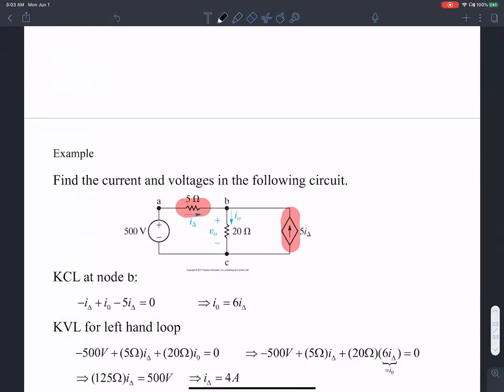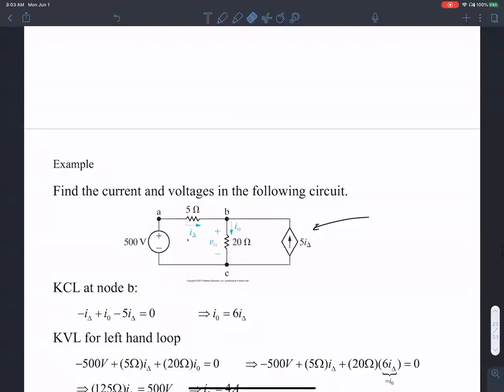So this is called a dependent current source. Its current is really 5 times whatever current is flowing through that branch. That's the idea of dependent current sources.